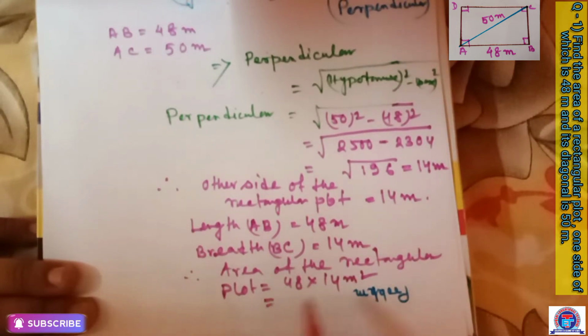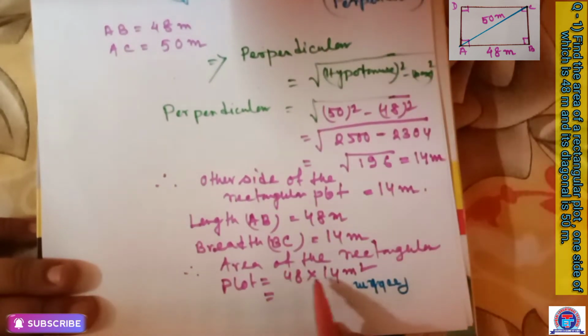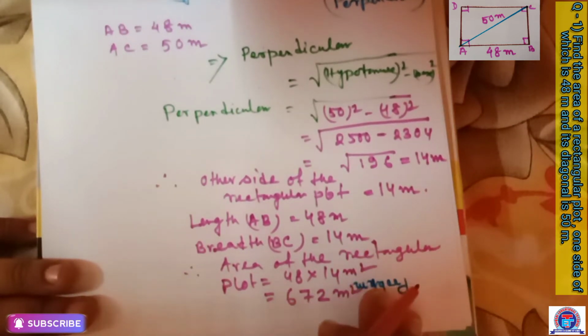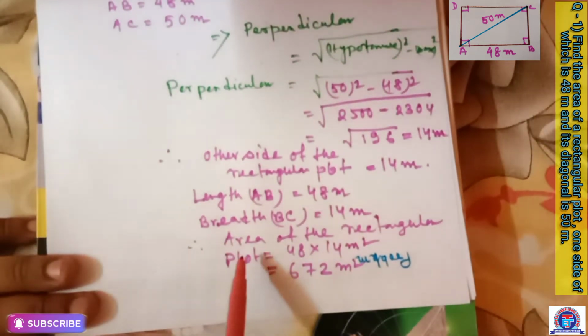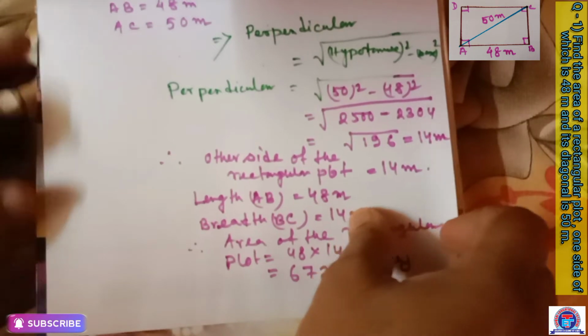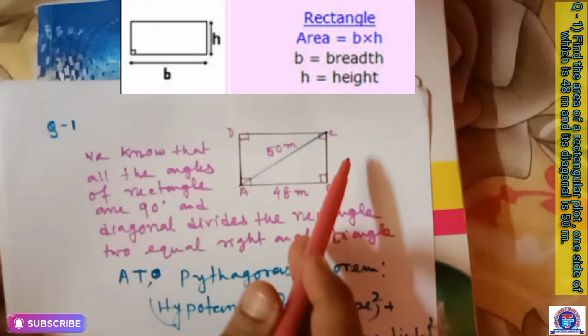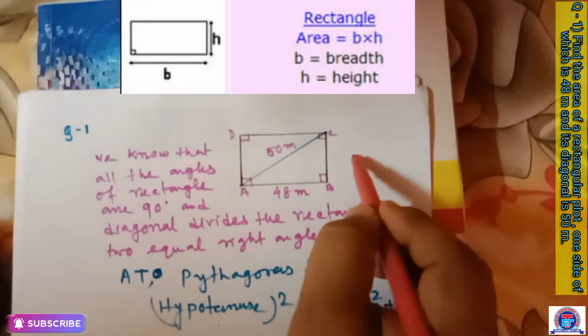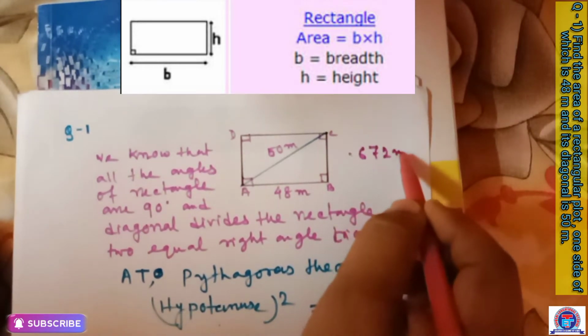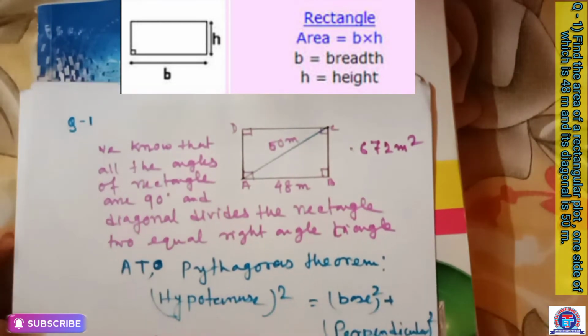Okay, that means it will become 672 meter square, right? So hence the area of the rectangular plot ABCD is 672 meters square, right student?